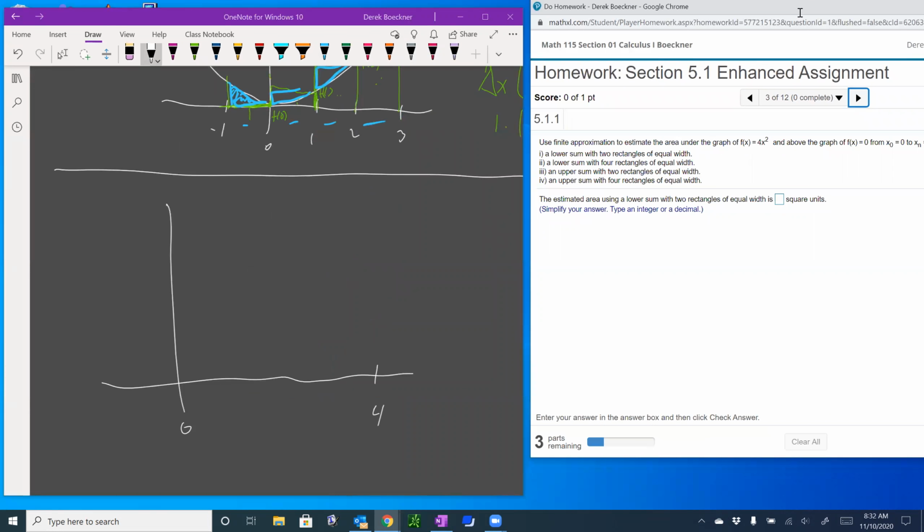Okay, so I've got 4x squared. So if I want just two rectangles, I'm going to take 4 minus 0, because I'm going from 0 to 4, and divide it by 2. So 2 would be delta x for two rectangles.